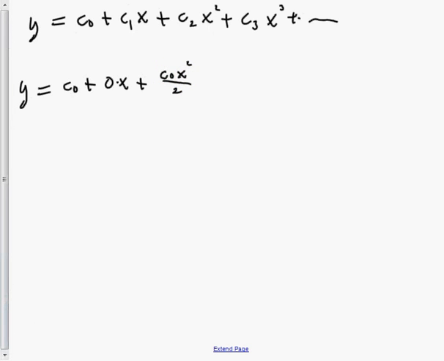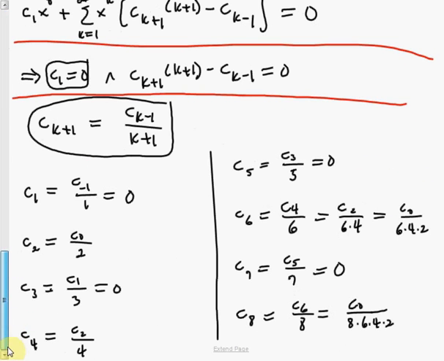I think the x to the c sub 3, I believe it went out to 0. It did. And then c sub 4 was c naught over 4 times 2.